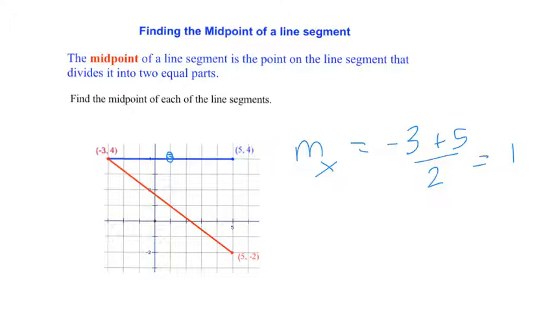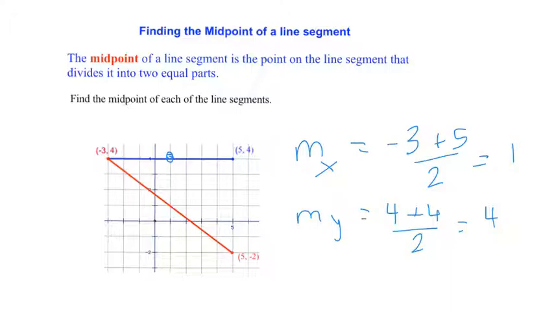Algebraically, that's, again, my equals 4 plus 4 divided by 2, which is 8 divided by 2, or 4. Okay, so for the blue line, it's not too bad.